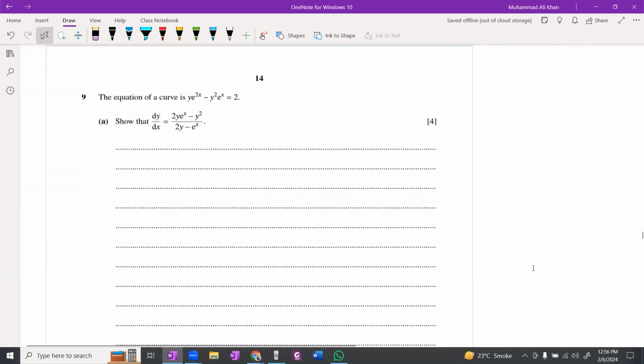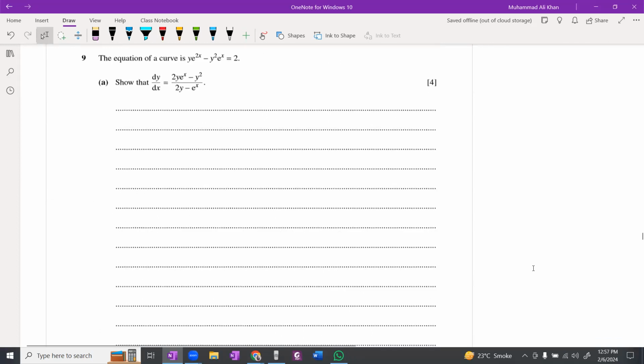Now, question number 14. Oh, sorry. Question number 9. We have to prove something by the help of differentiation. Now, equation is y e power 2x minus y square e power x equals to 2.